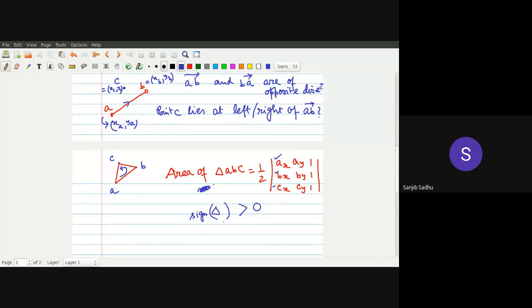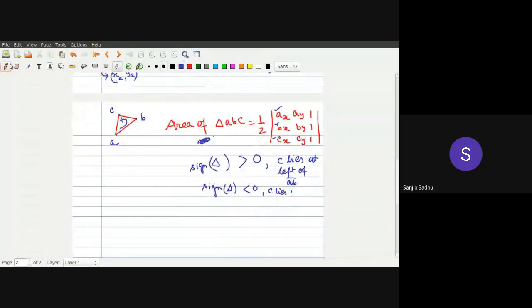Clear? And if the sign is negative, you don't need the half. I am not interested in it, I am interested in the sign. So if the sign is negative, C lies to the right.